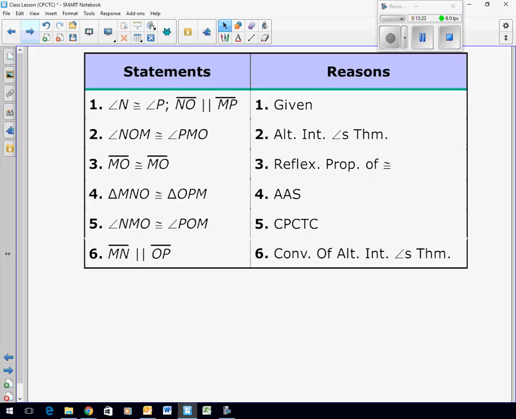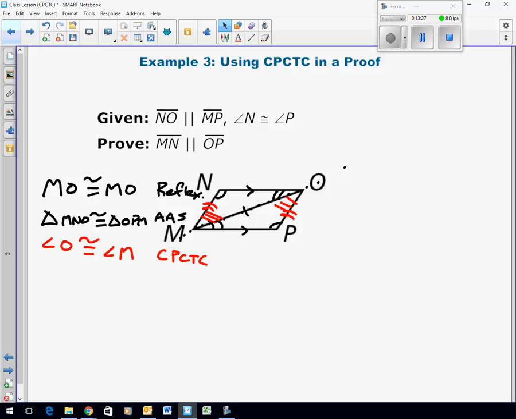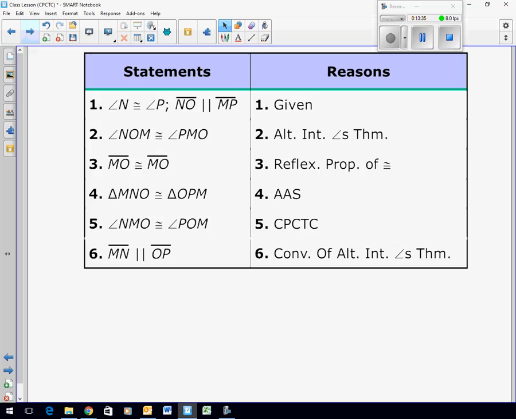They said alternate interior angles NOM is congruent to PMO. Yep, they're alternate interior angles, and alternate interior angles are congruent. Through the reflexive property, MO is congruent to itself. Once I've established that, I can conclude through angle, angle, side, triangle MNO is congruent to triangle OPM.